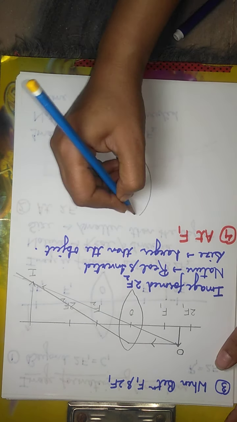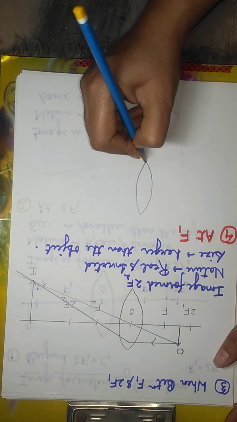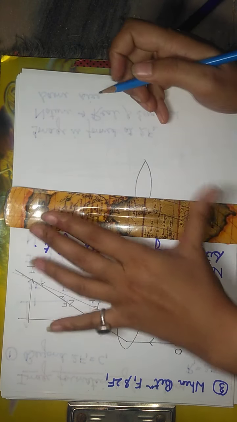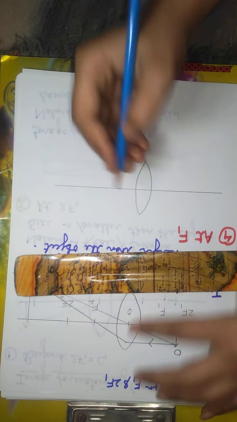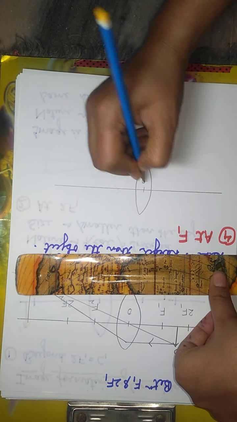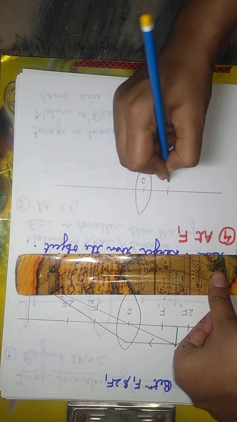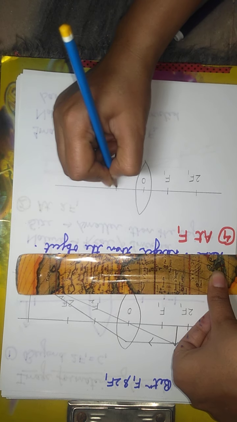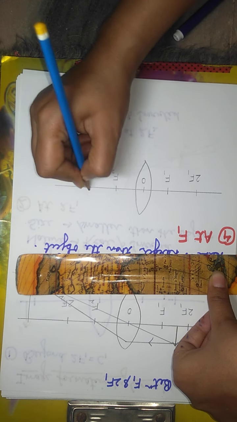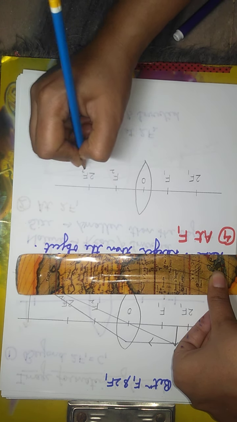Again we draw a convex lens. This is the principal axis. This is the optical center. This is the first focus. This is 2F1. Again F2, the second focus, and 2F2.